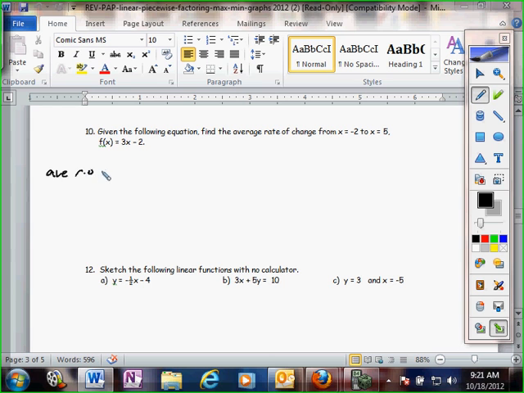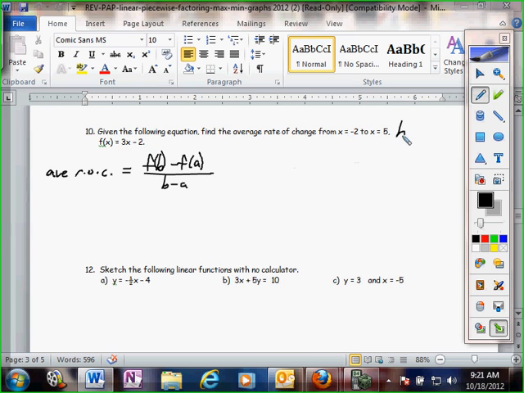let's call it rate of change, is f of b minus f of a over b minus a. And so B would be the biggest value, and A would be the smallest value, since B comes after A in the alphabet. So if I want to know what this function f of x is, 3x minus 2, I want to know the average rate of change between these 2 points.